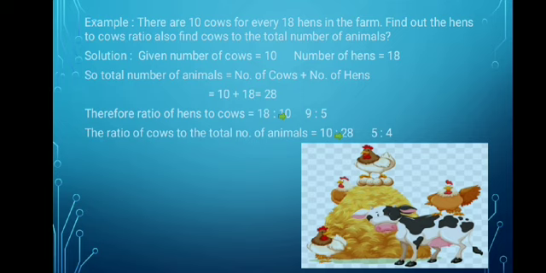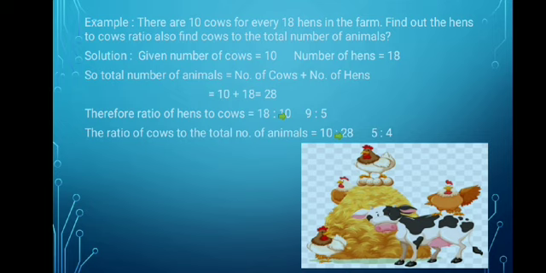There are 10 cows for every 18 hens in a farm. Find out the hen to cow ratio. Also find the cow to the total number of animals. Solution. The given number of cows is equal to 10 and number of hens equal to 18.